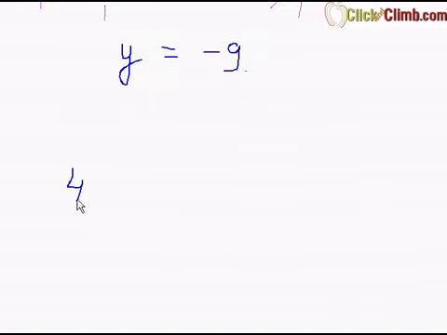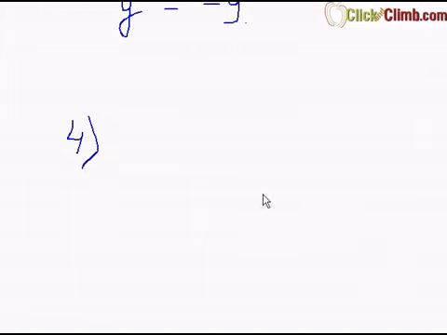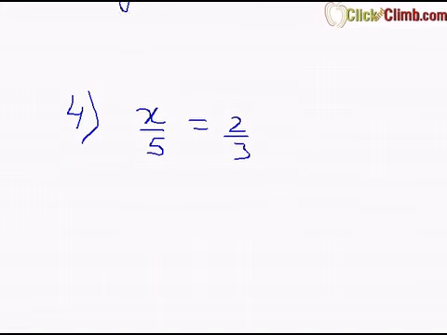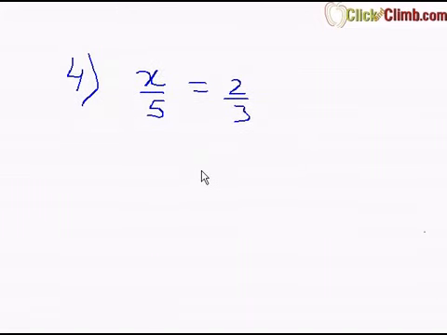One more example will make things more clear. Here I have x over 5 equals 2/3. Now on the right side of the equation I have a fraction. That is the only difference between the previous ones and this one. The step is very simple. I just have to multiply each side by 5.